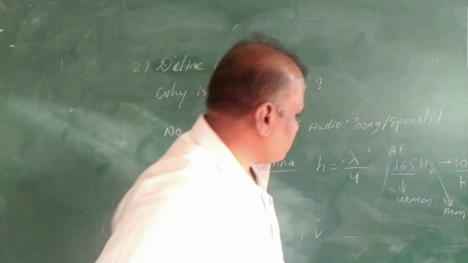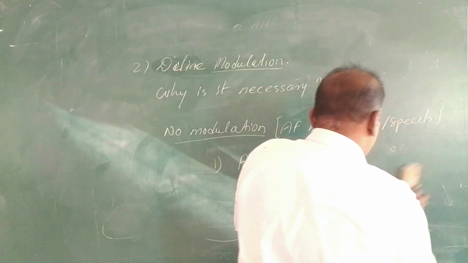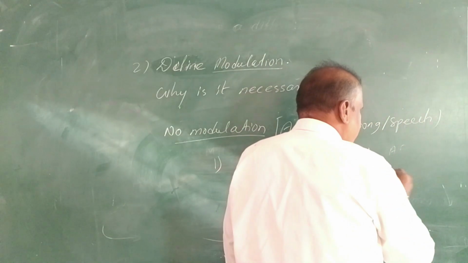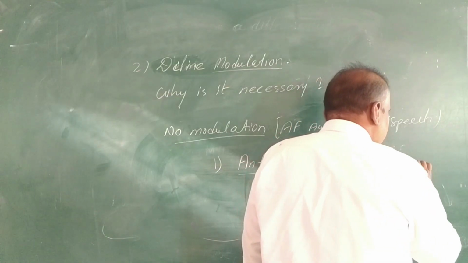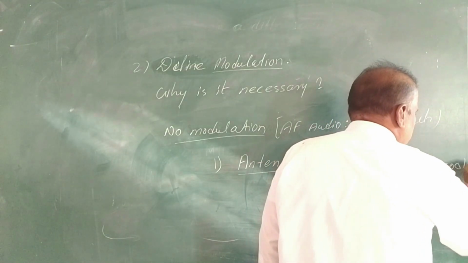Whatever the frequency, if I convert this frequency into wavelength and substitute these values, the height of the antenna may be in the range of kilometers, nearly 200 to 300 kilometers.